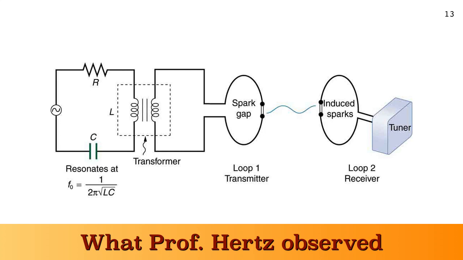So he built a capacitor, he built a resistance, he built an inductor, basically a transformer, and he hooked it up to this loop. Okay, now the loop was designed to cause a spark. It wasn't connected, but it would have sparks at a certain frequency.